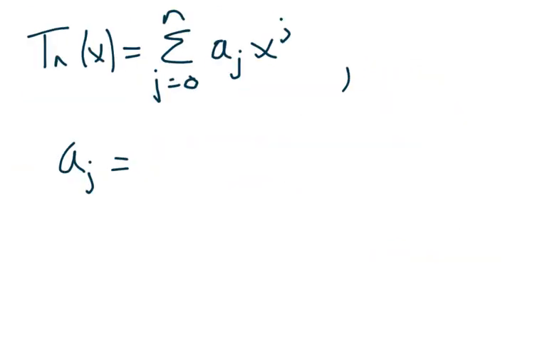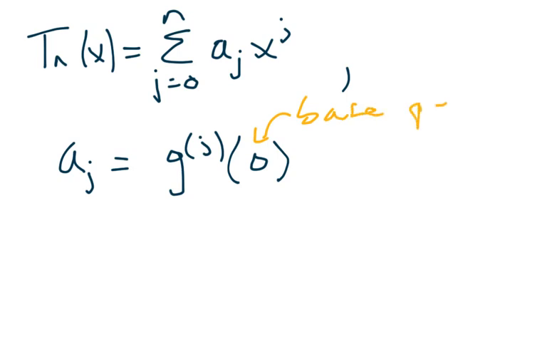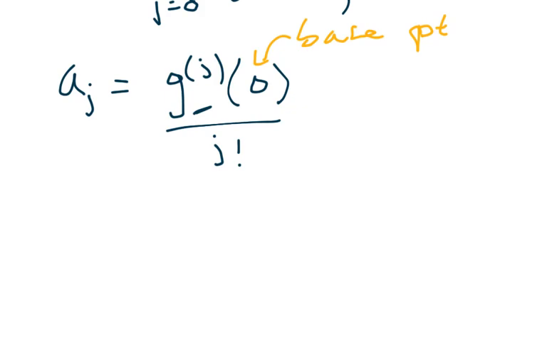So aj is equal to g^(j), the jth derivative, at the point 0, because this is our base point, and then it's all over j factorial. Okay, we already found these.